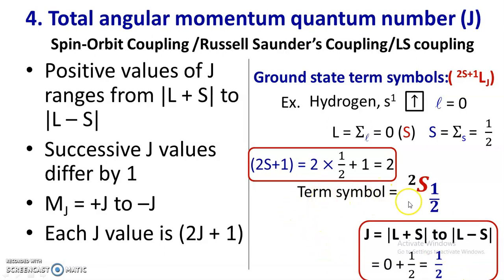And the term symbol is now 2S half. So this S signifies that L is equal to 0, the resultant orbital quantum number. Now half signifies the total angular momentum quantum number J, and this 2 is the multiplicity.